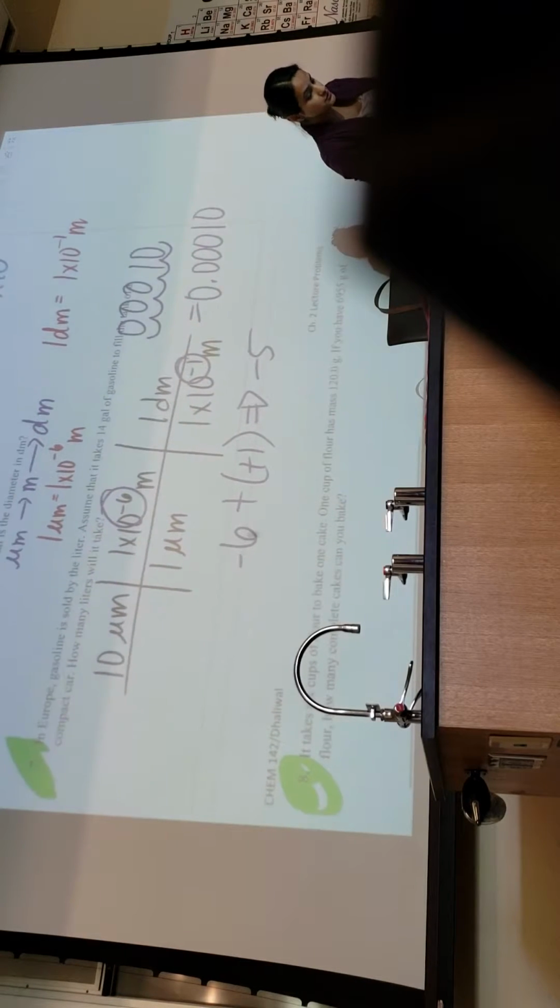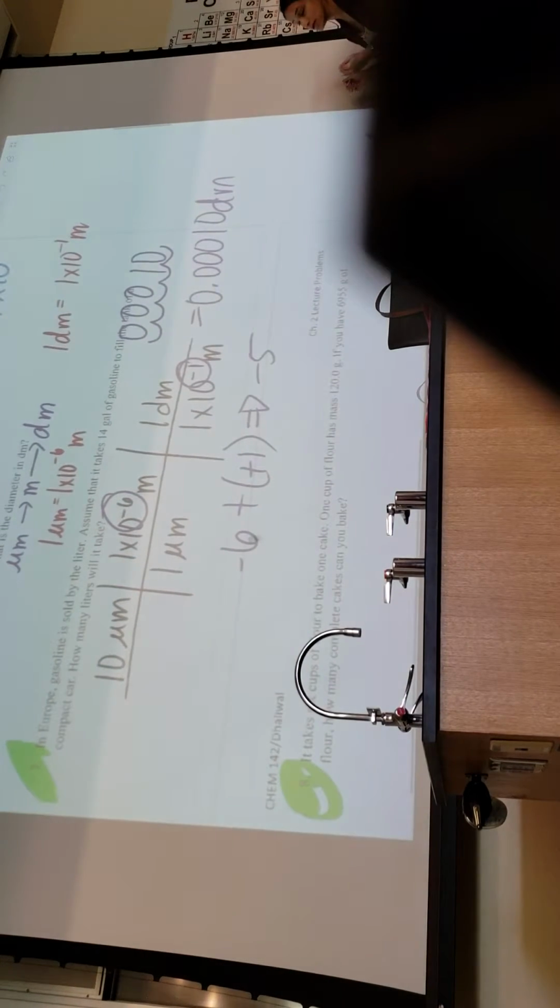So yes, I do expect a very small number, because again, decimeter is a lot larger than micrometer. So if I have 10 micrometers, if I put that in a unit that's even larger, the number is going to be extremely small. Instead of micro, if I went from micrograms to nanograms, what should happen to the 10?